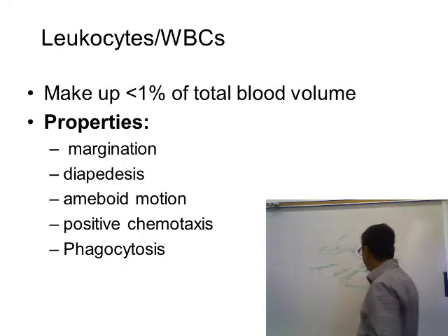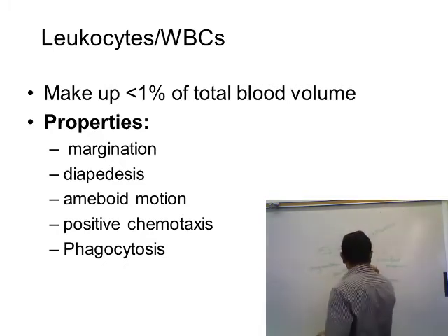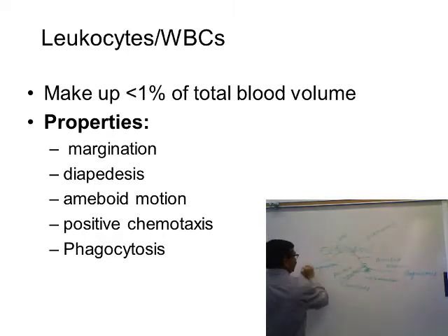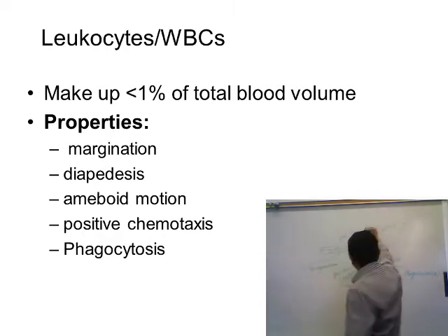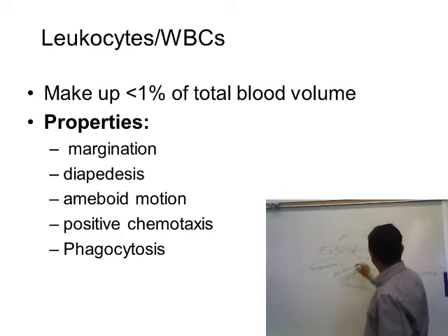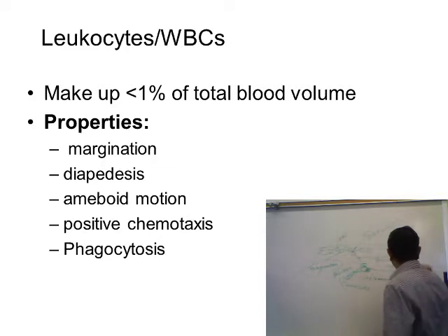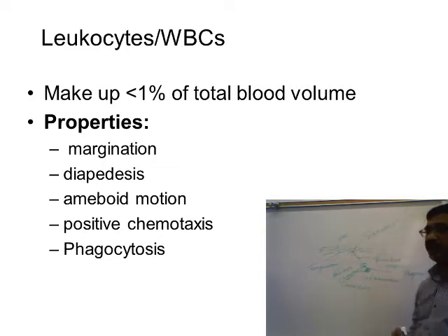So phagocytosis is another important property of white blood cells. So these are the properties: margination, diapedesis, amoeboid motion, positive chemotaxis, and phagocytosis. Okay, so those are important properties of white blood cells.